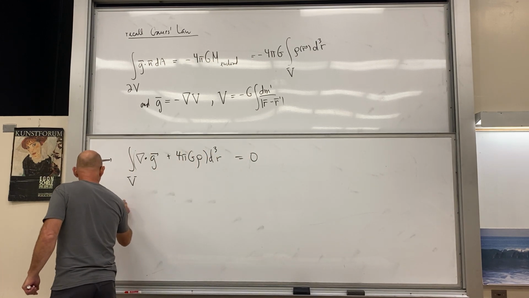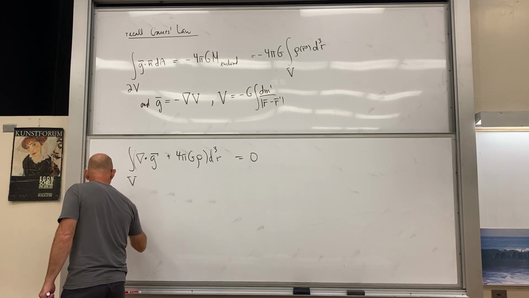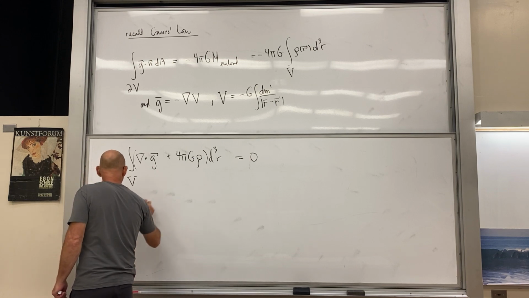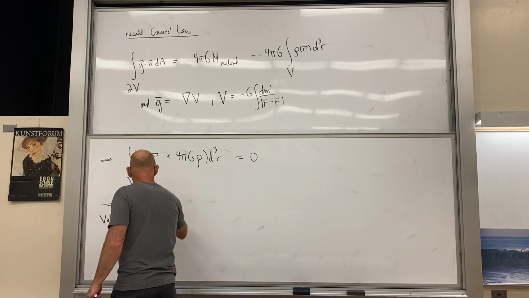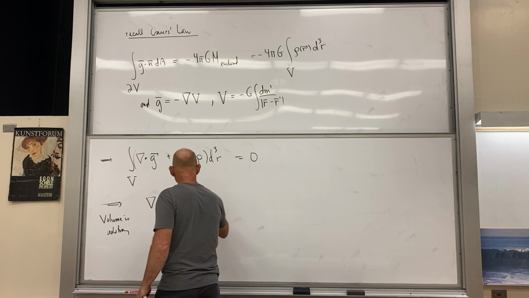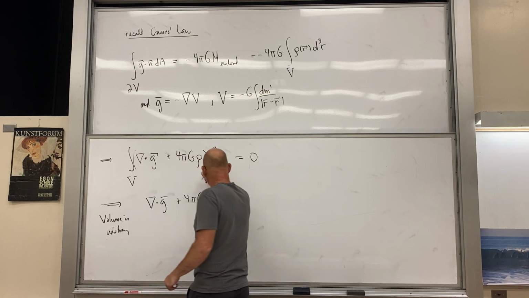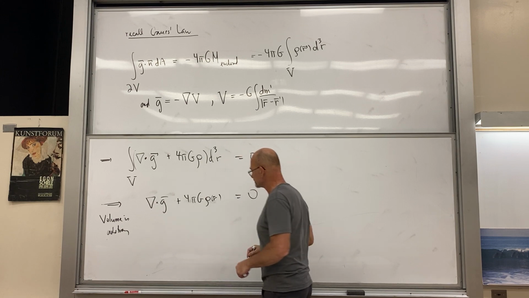So therefore, because the volume is arbitrary, we can conclude that the divergence of G plus 4 pi G rho, and rho is a function of r, is equal to 0.